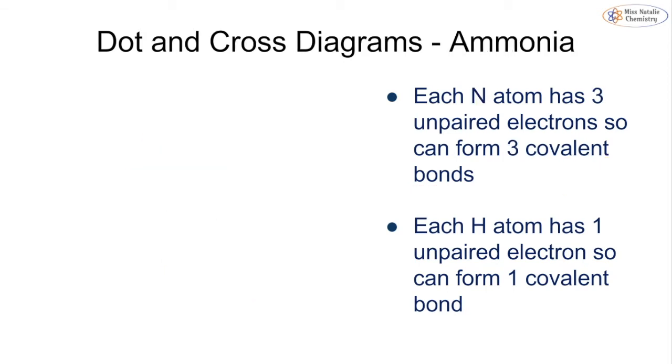Then we move on to ammonia, and we can write out the dot and cross diagram for this as well. So our nitrogen atom is in the centre, and we know that it's in group 5, so it has 3 unpaired electrons. Because I fill in my 4, and then my 5th is going to go and pair up, giving me 3 unpaired electrons.